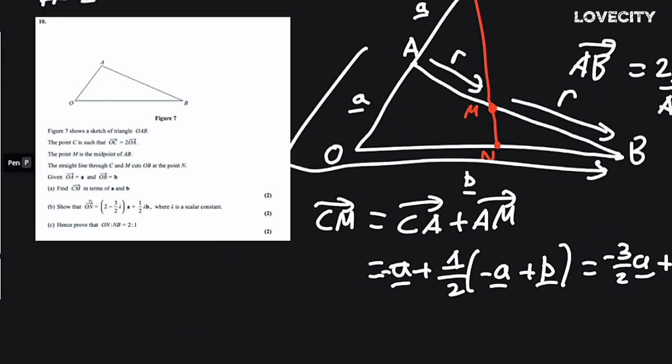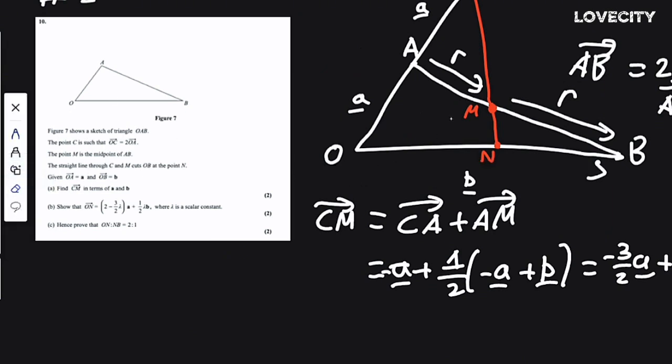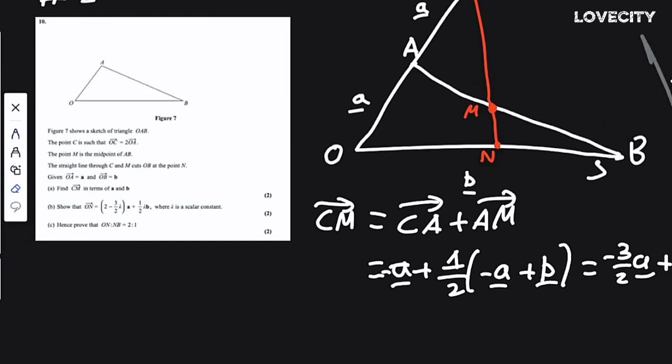So anyway, O to N. I'm going to do some rubbing out here just to make the diagram a little bit easier to read. If we're talking about O to M, we're talking about this line here. And, well, how can we find this? In what ways can we do this?